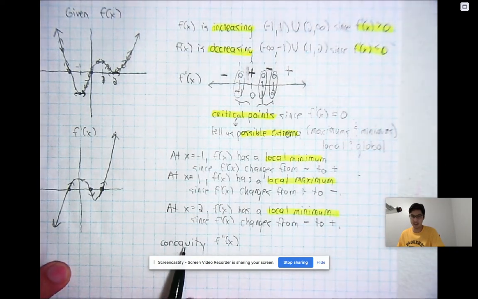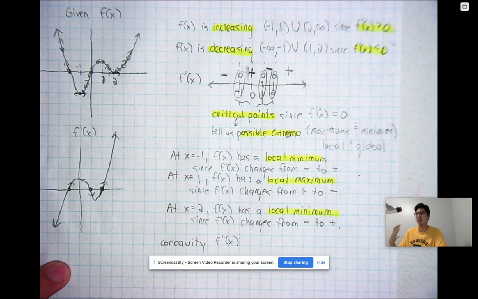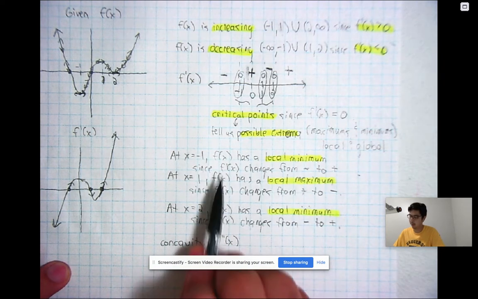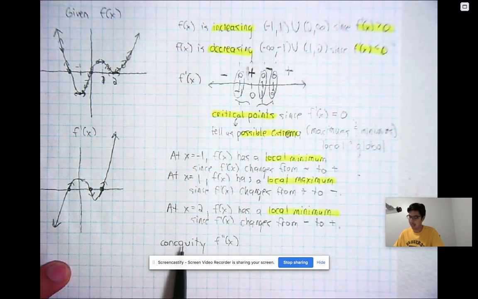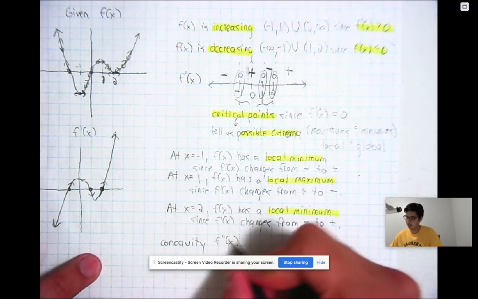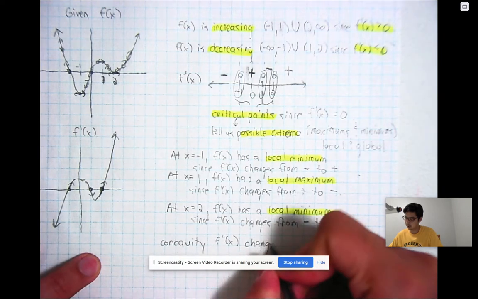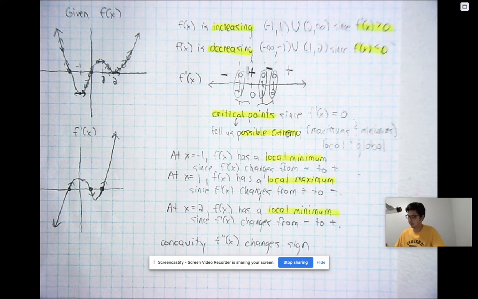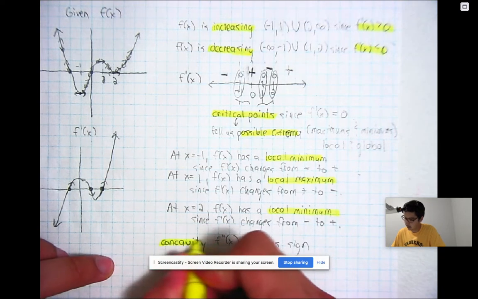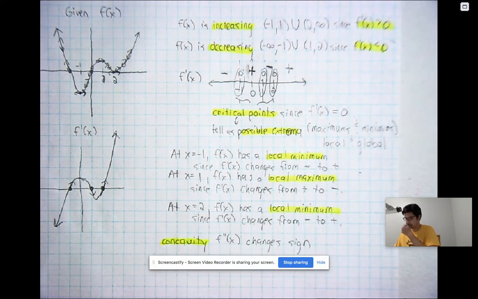Now, concavity is similar to a minimum and maximum, when f prime of x is changing from negative to positive or positive to negative. Concavity is when f double prime of x changes sign. And that's what concavity is. So there's two situations you can have.